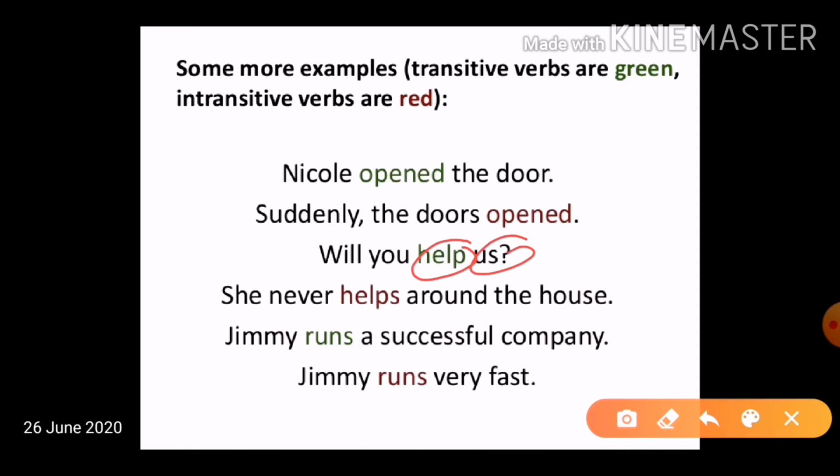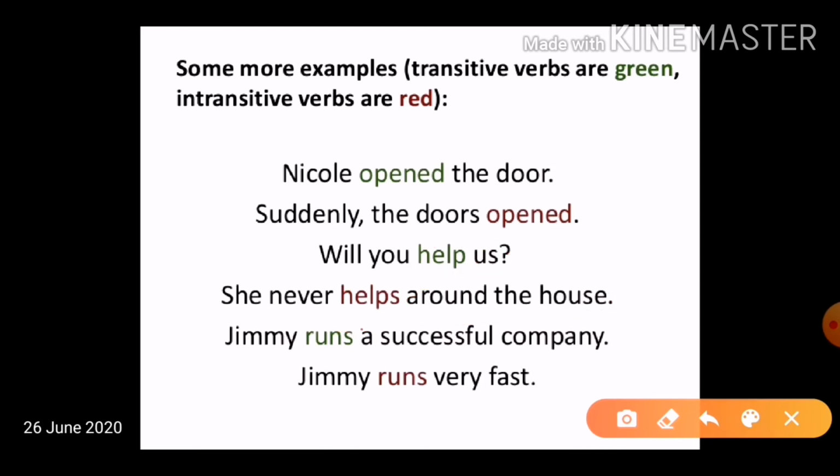She never helps. It doesn't have any object here, and don't go with the phrase around the house. It's not the object here. She never helps with what? So it hasn't any object here, so it means it is an intransitive verb. Jimmy runs a successful company. Again, Jimmy runs a successful company here.